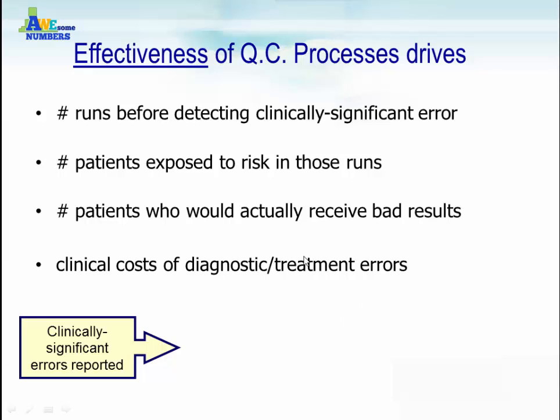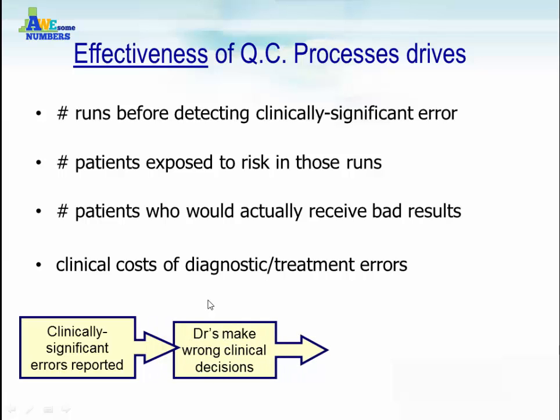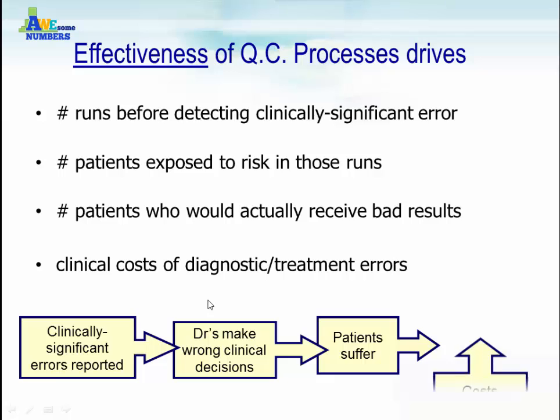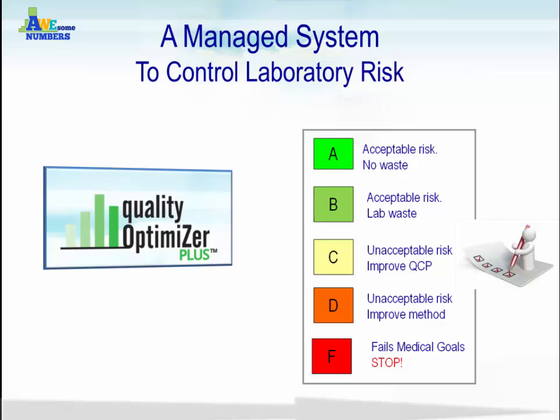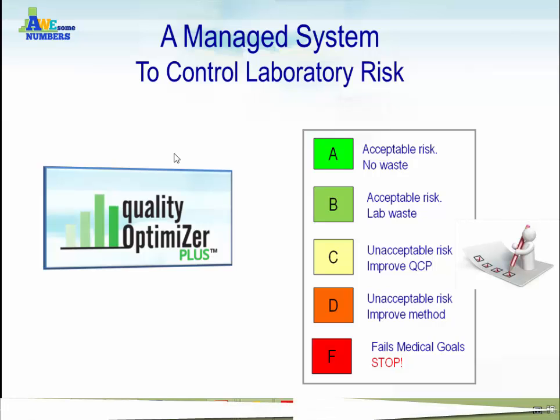So there is a clinical cost, there is a cost of failure to control quality associated with MedLab QC. If clinically significant errors are reported, if your QC fails, if your QC is ineffective, then doctors make the wrong clinical decisions, patients suffer, and your costs and risks go up. It's a bad thing.